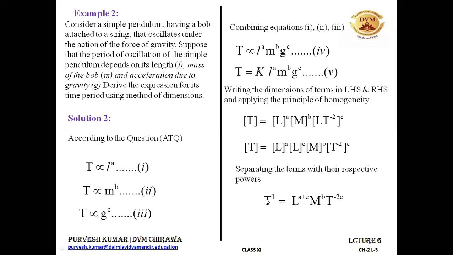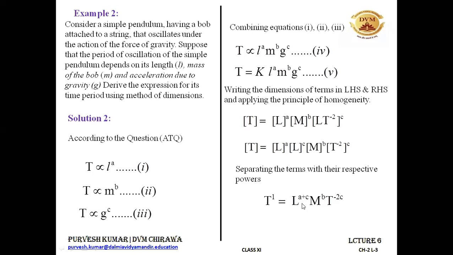So we can say this, that the power for M towards the left hand side is 0. All right. So you can write A plus C equal to 0. B is also equal to 0 and minus 2C, it is equal to 1. The power of T towards the left hand side is 1 and towards the right hand side it is minus 2C. So it means this, that 1 is equal to minus 2C.